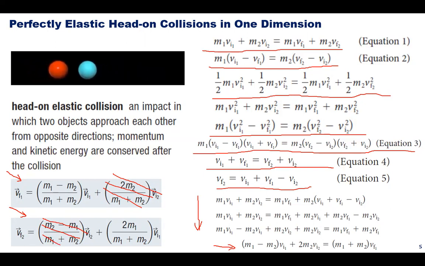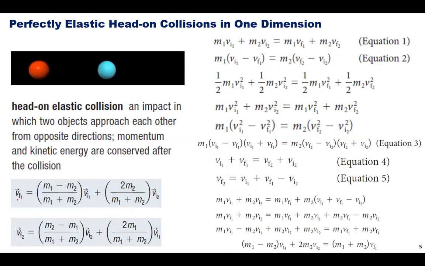So these are just special cases. But for more general cases, these are the two formulas to calculate the velocity of object 1 and 2 in the final state, given their masses and their initial velocities.